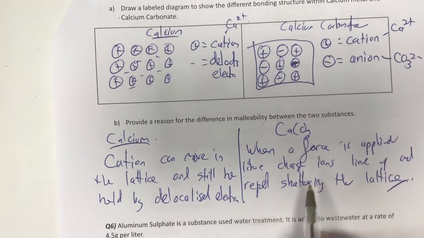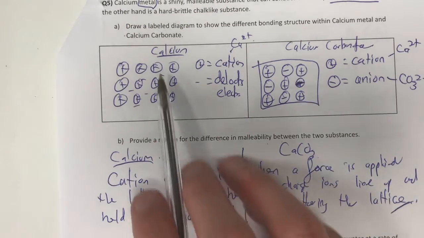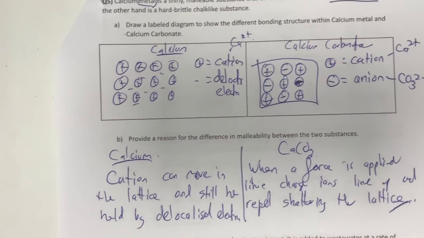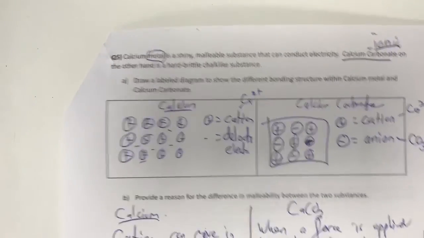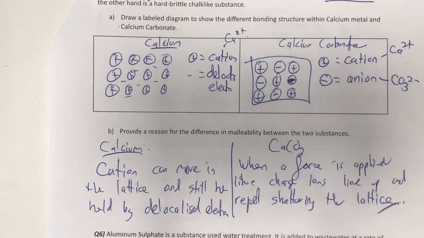Again, talking about why this is a brittle, chalk-like substance and this one here is a nice malleable metal. So that's the answer to question 5, a nice comparison of metals and ionic compounds.